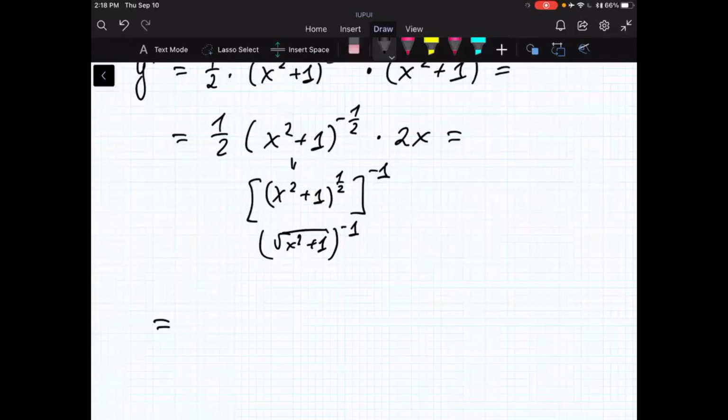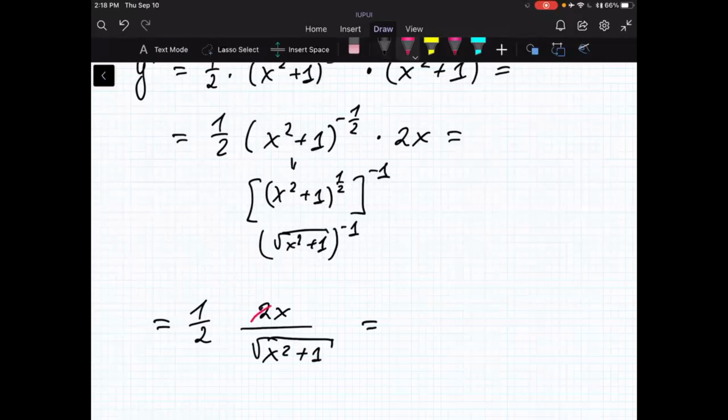That's what you should do during your homework. So it's 1/2. So numerator is 2x, and square root comes to the denominator. This is almost the final answer, because now you see the cancellation of 2. And the final answer is x over square root of x squared plus 1.